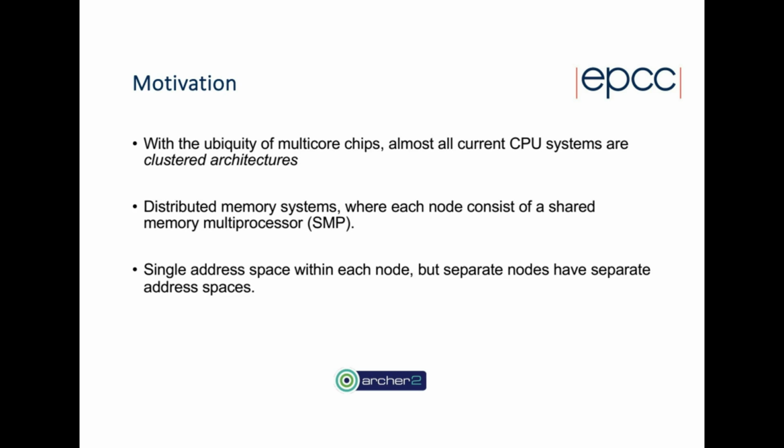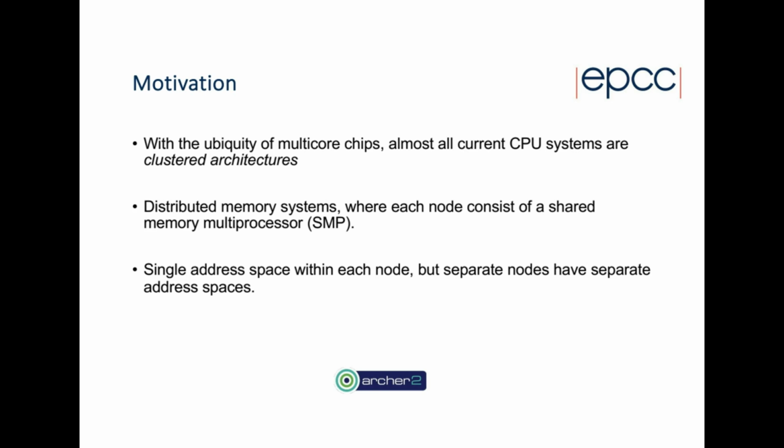Okay, so motivation. Why do this? Why would you want to do mixed MPI and OpenMP? It's just because of the type of systems we have. We've got multi-core chips everywhere. Almost all current CPU systems are clustered architectures, so they're distributed memory systems where each node consists of a shared memory multiprocessor.